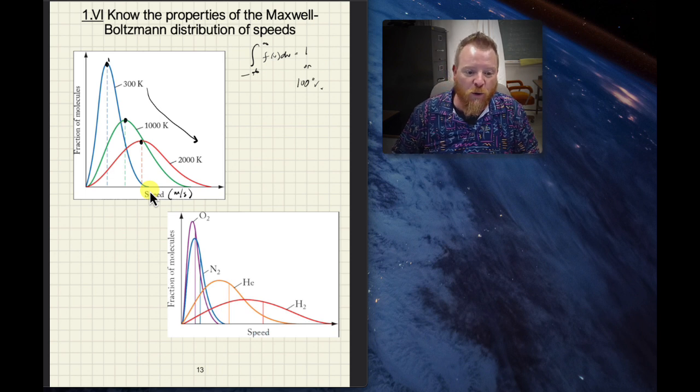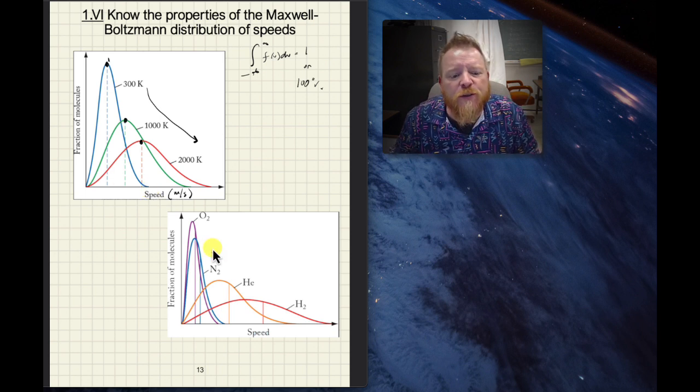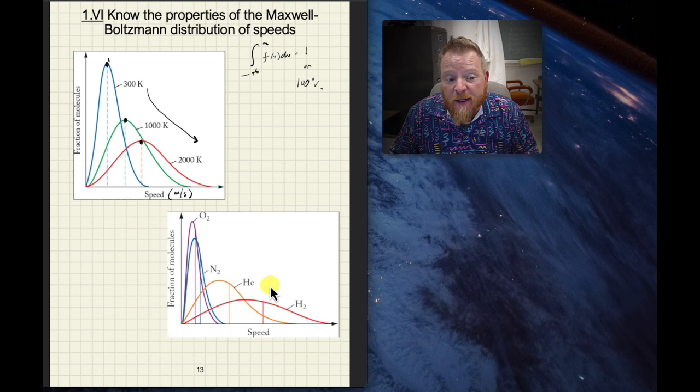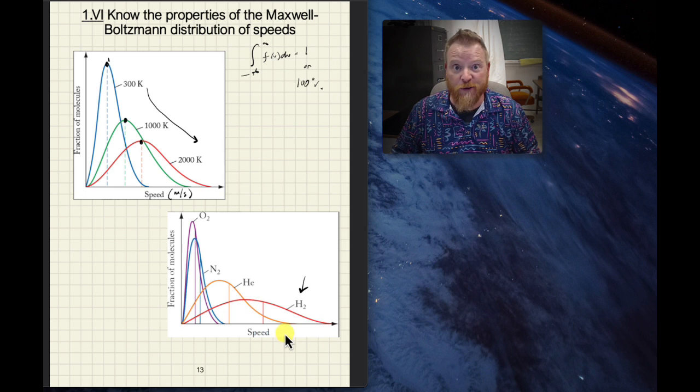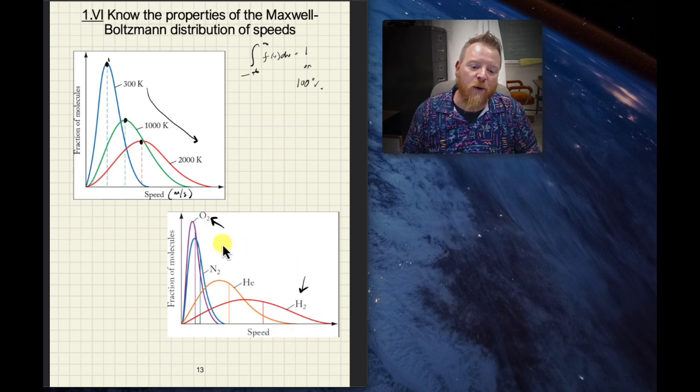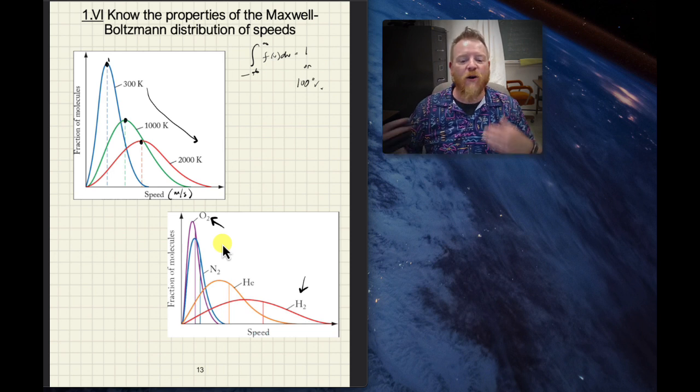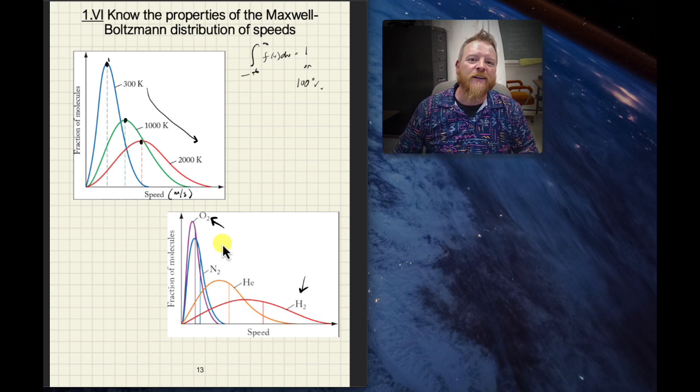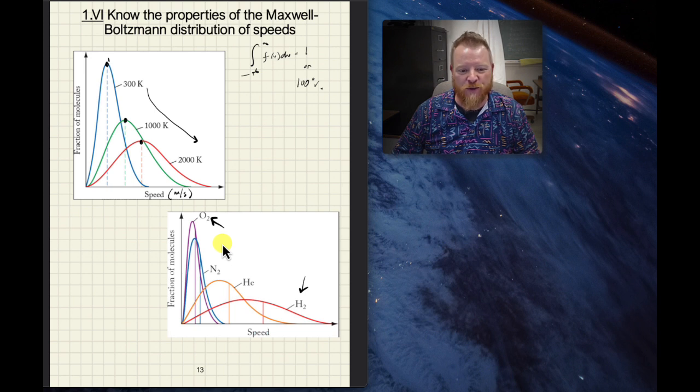We can see overall our molecules get faster as they get hotter, which is what we kind of expected from our intro level courses. Conversely, if we look at the same temperature, but now different masses, you can see the lighter masses are faster for a given temperature, and the heavier masses are slower for a given temperature. And that's all good, happy, feel good physics and chemistry that hopefully we remember talking about in our intro courses as well.